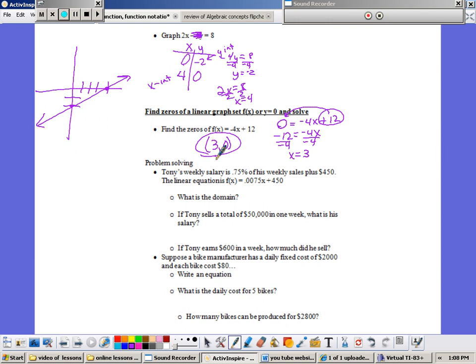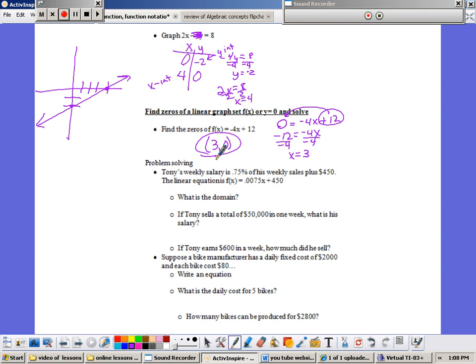Okay, some problems. Tony's weekly salary is 0.75% of his weekly sales plus $450. The linear equation is f of x equals 0.0075x plus 450. The reason I got 0.0075 is that a percentage changed to a decimal moves the decimal 2 spaces over, giving me 2 zeros. Now, what is the domain?